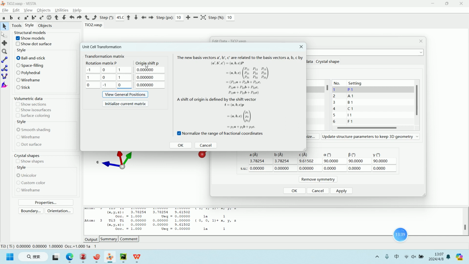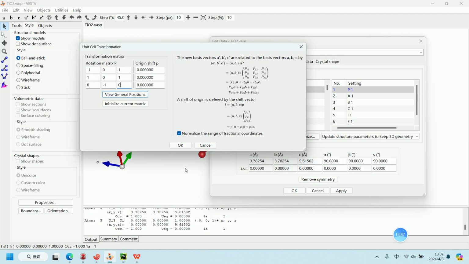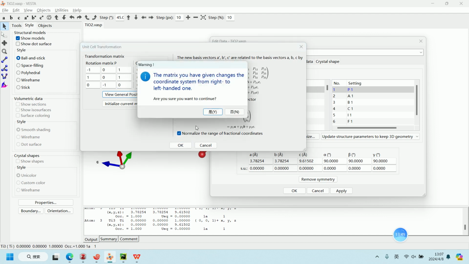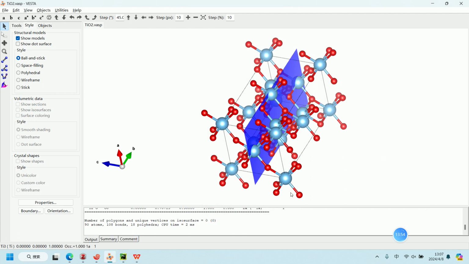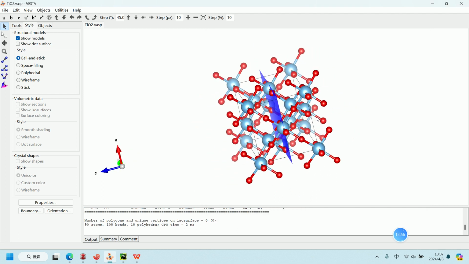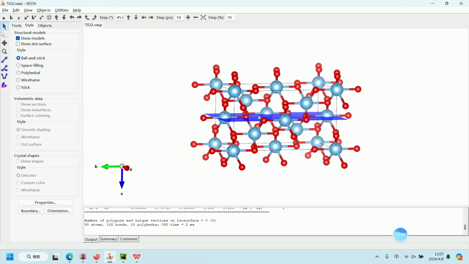We don't need an origin shift, we just need a rotation matrix. Okay, good. Now we apply this rotation matrix. See? We have already successfully transformed the basis vectors to a new set of basis vectors.